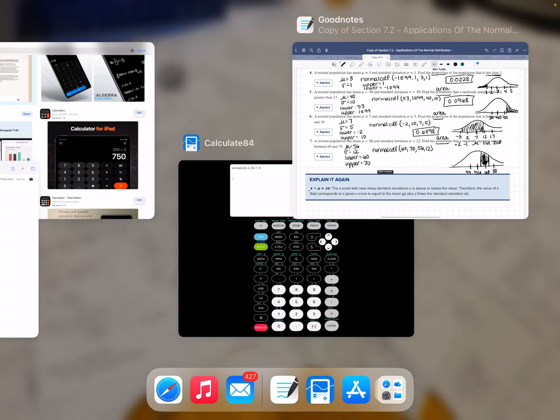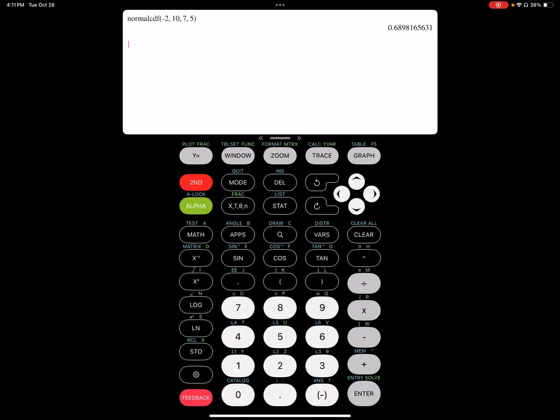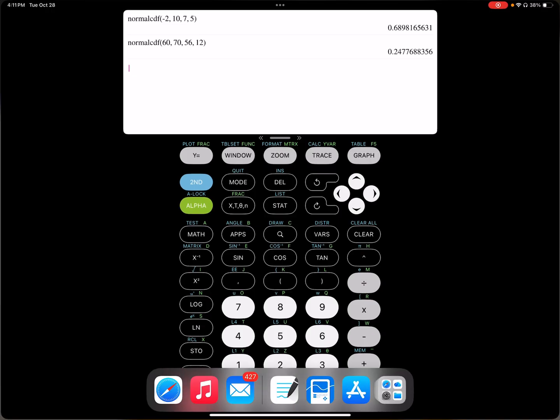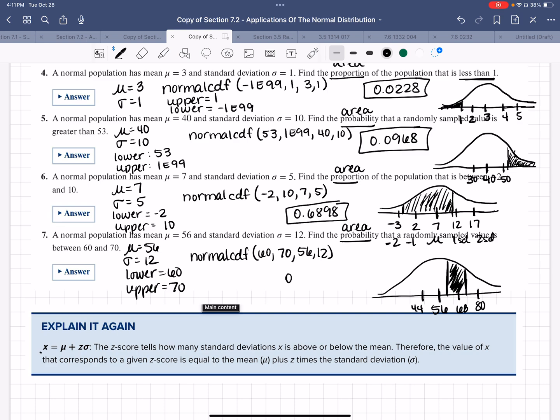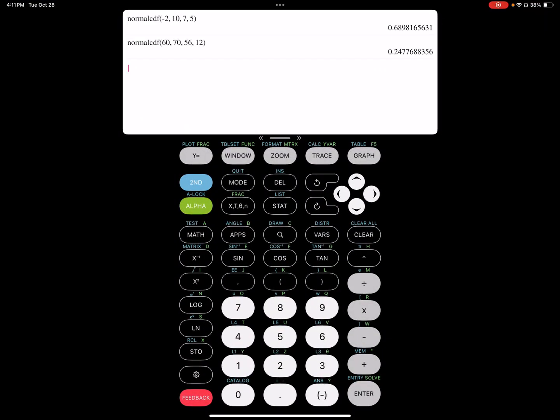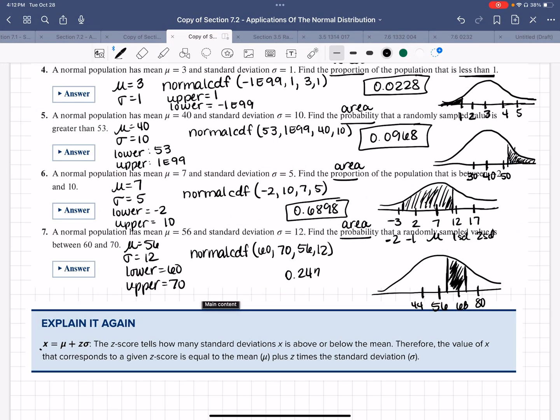Okay, so I go over here to my calculator, and I do second VARS, number 2, normal CDF, and I'm going to put lower is 60, upper, sorry guys, lower is 60, upper is 70, mean is 56, standard deviation is 12, okay, and that's going to give me about 25%, okay, and I'm getting 0.2478, sorry guys, okay.